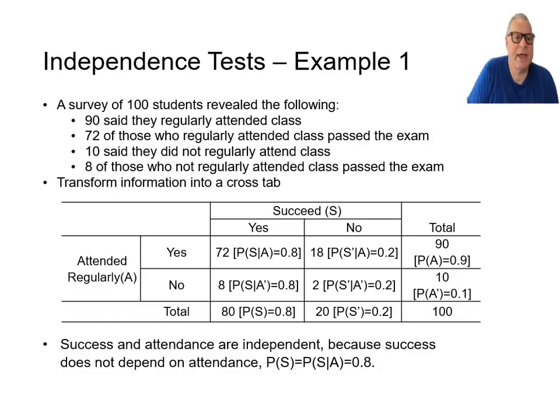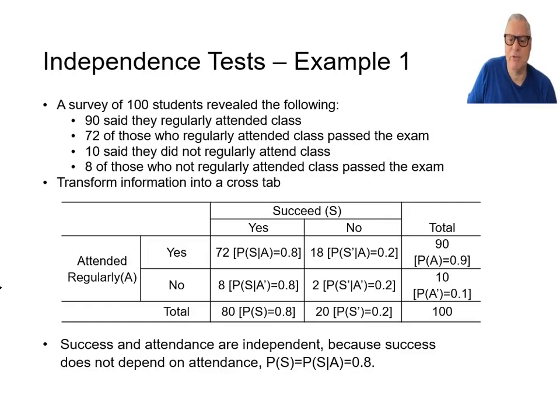We have a survey of 100 students, and they revealed the following. 90 said that they regularly attended class, and 70 of those who regularly attended class passed the exam, and 10 said that they did not regularly attend the class. And out of those who did not regularly attend class, 8 passed the exam.